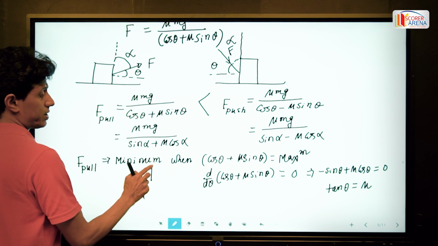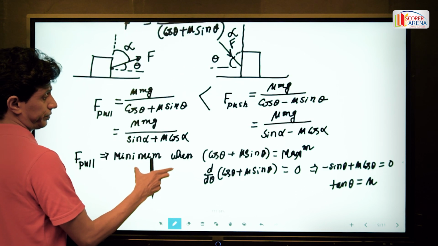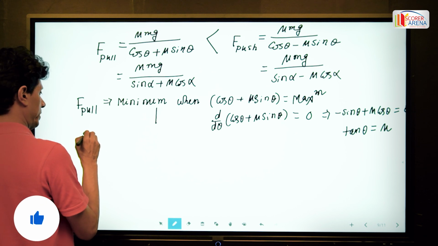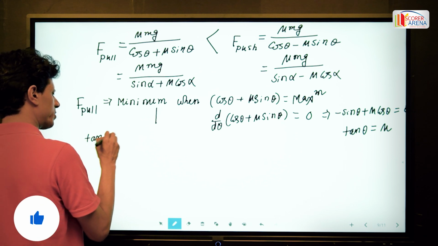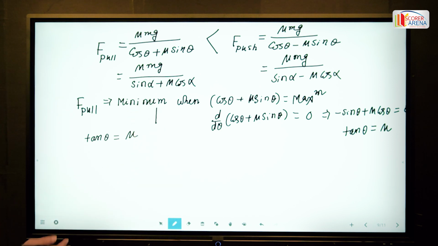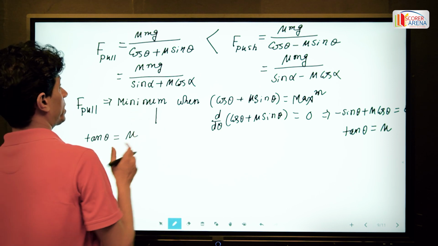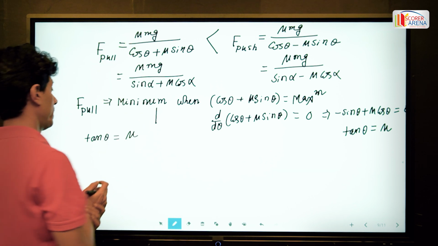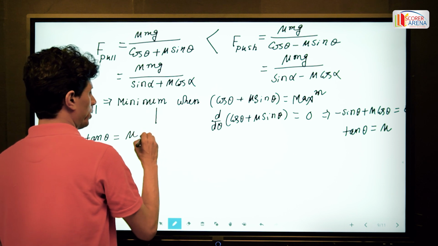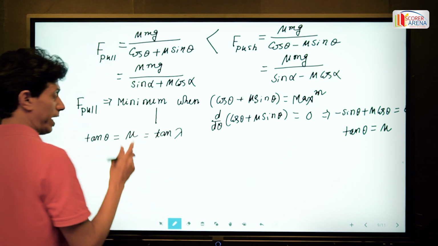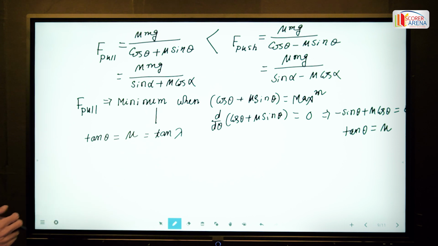So if tan theta is equal to mu, then we can say the pulling force is minimum. And you know, mu is also equal to tan lambda, where lambda is the angle of friction.